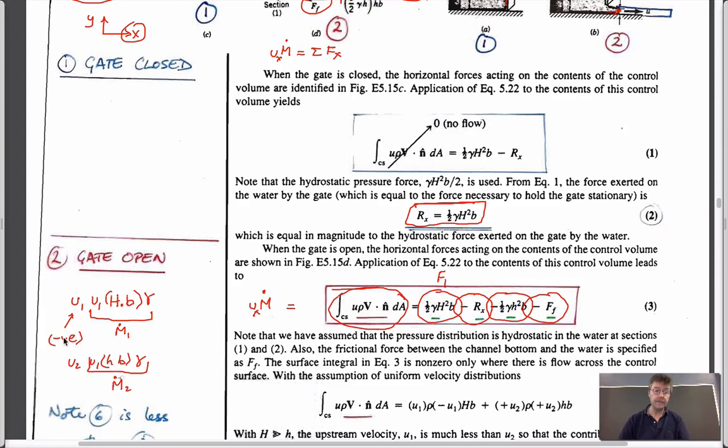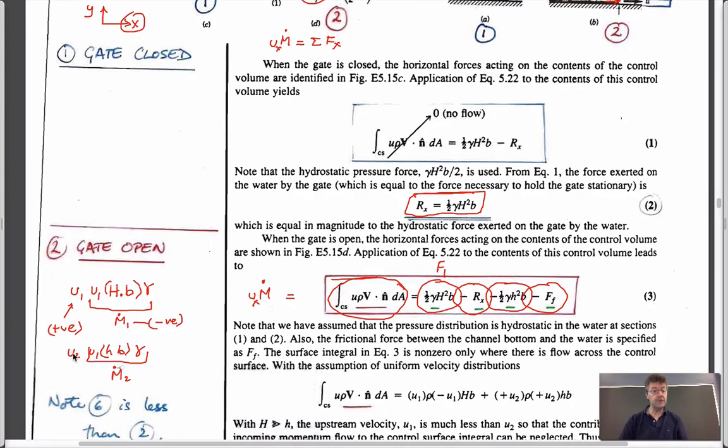Sorry, forget what I said. This is positive, right? Because it's in the positive direction. This term here has to be negative because it's net flowing into the control volume. Still ends up being overall negative. In this case, the downstream fluid flow is positive out of the system. It's the same as this one, actually. So this is positive. This is flowing out of the system, so this term is also positive.